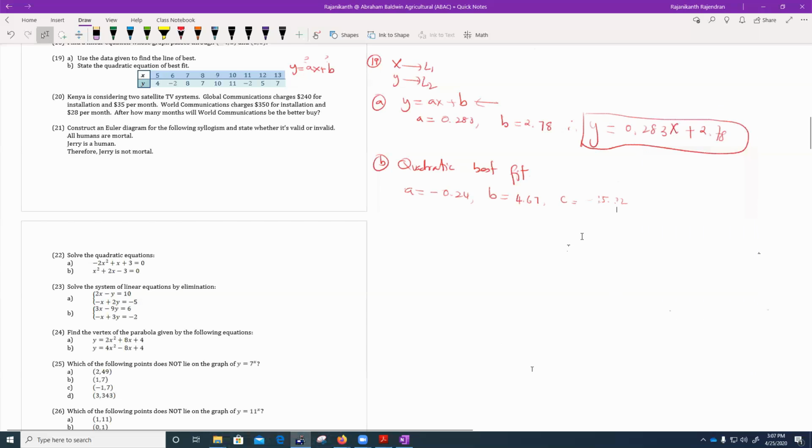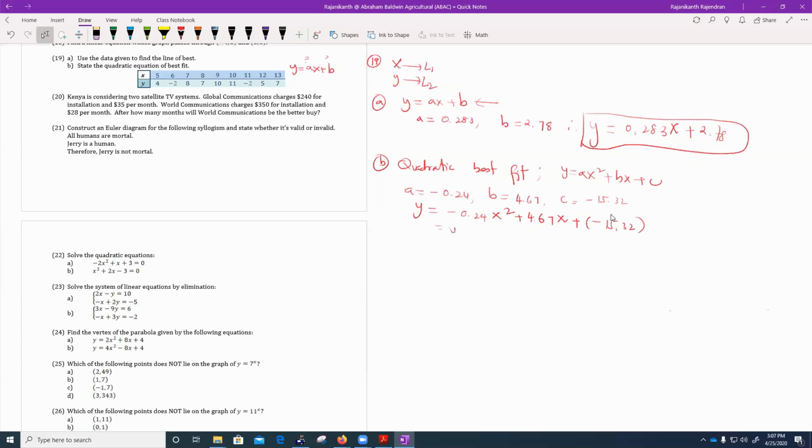Negative 15.32. Yes. Therefore, my quadratic equation is y equals ax squared plus bx plus c. So my a is negative 0.24, then x squared plus b, which is 4.67, times x, plus my c, which is negative 15.32.